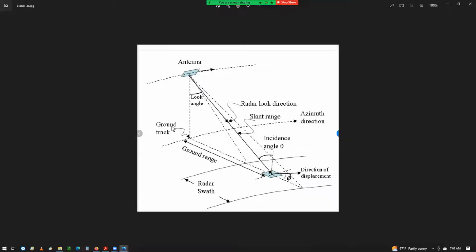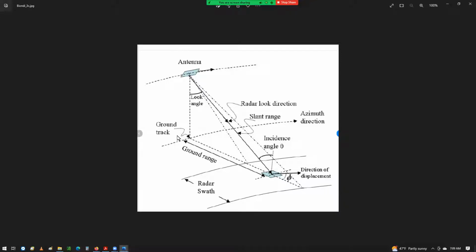Here's the geometry of this type of technology. You don't have to focus on this at all. The main lingo that's important here is the range, which is basically the distance on the ground between the satellite and the target. And then there's also what's called the azimuth direction.